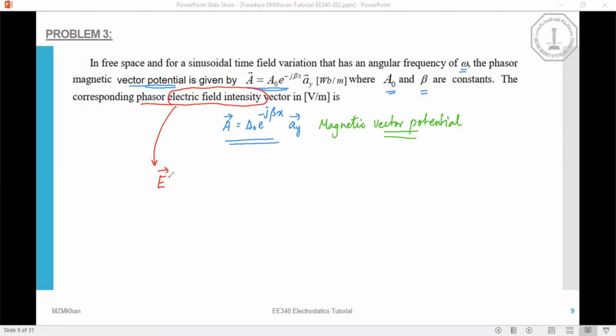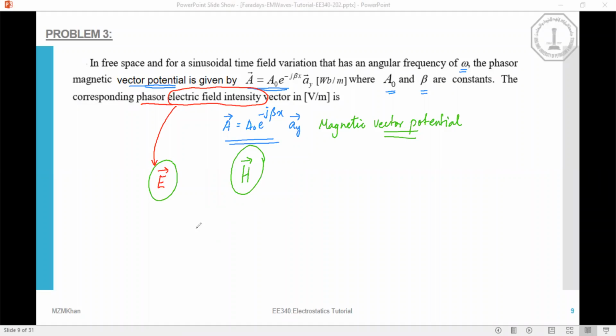E is asked, and I know there is no direct relationship between E and the magnetic vector potential. So I have to think this way: okay, I want E. First, can I find H? Because from H, I can find E.